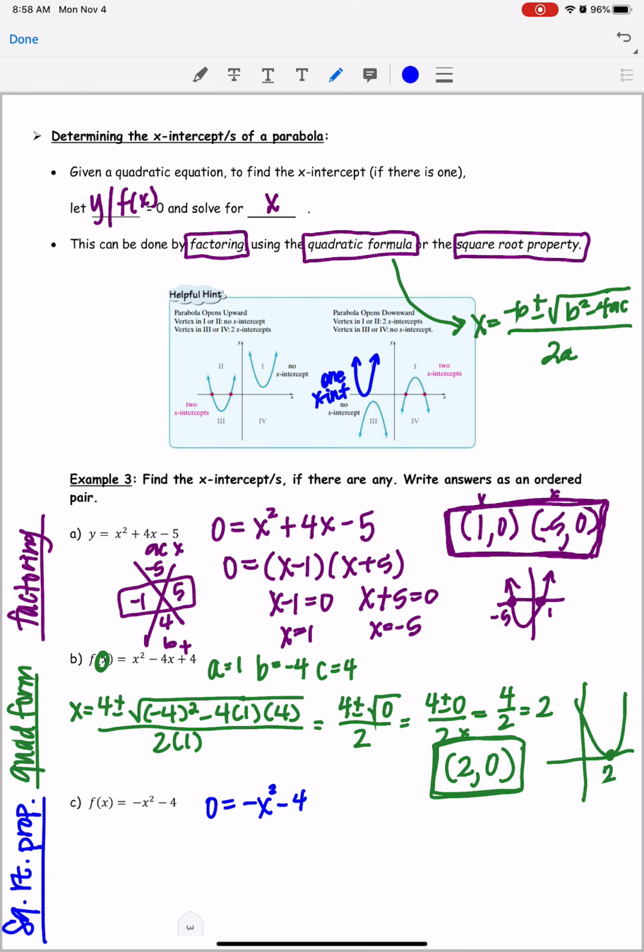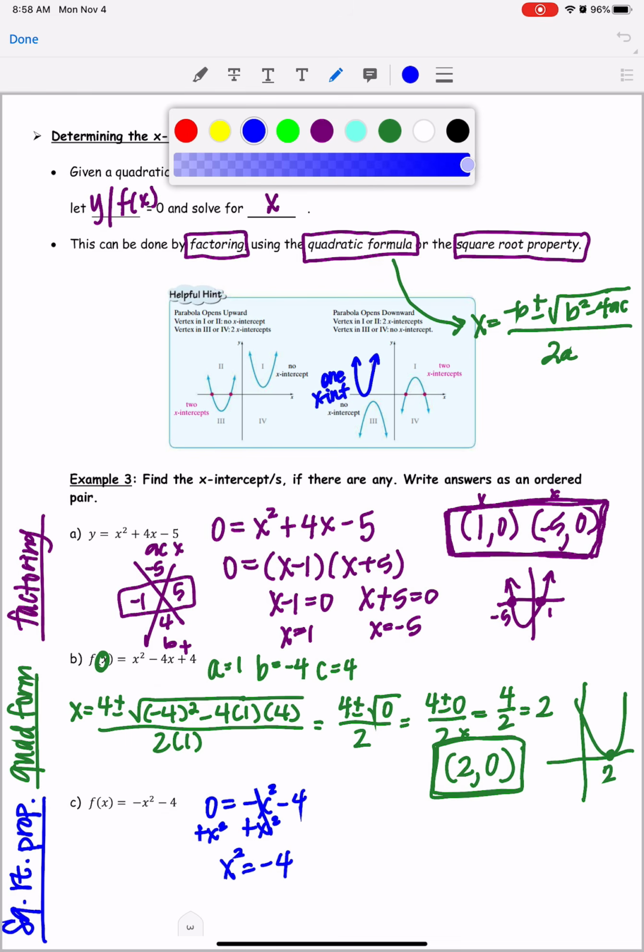Your square root property said to get your x squared term by itself. I want that x squared term positive, so I'm going to add it over. That cancels. So we've got x squared equals negative 4.